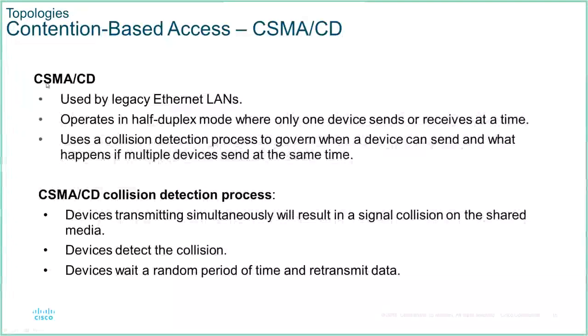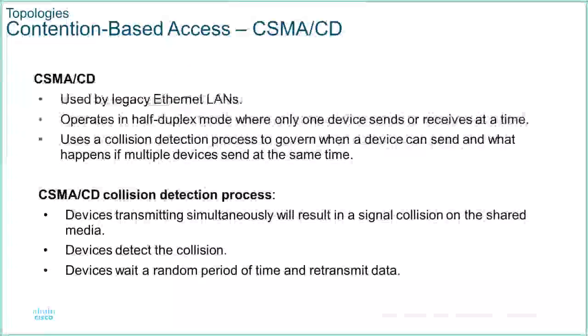We're detecting that base signal is there so that we can transmit on the medium. And multiple access means more than one device can talk on the wire at the same time. That's why we need collision detection services, because two or more devices can talk at the same time, causing a collision.